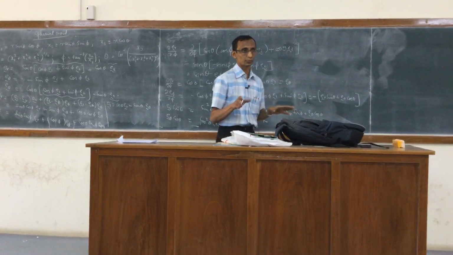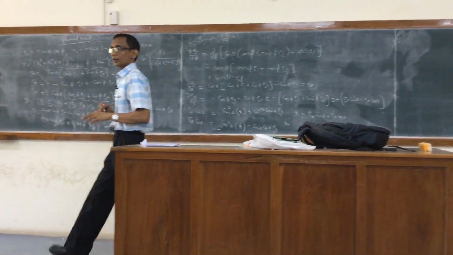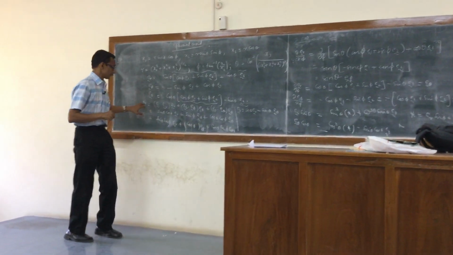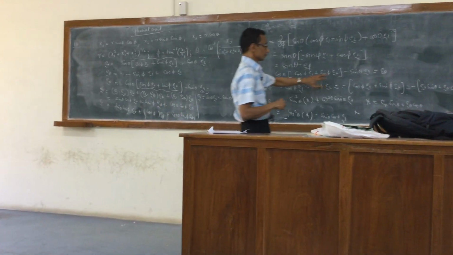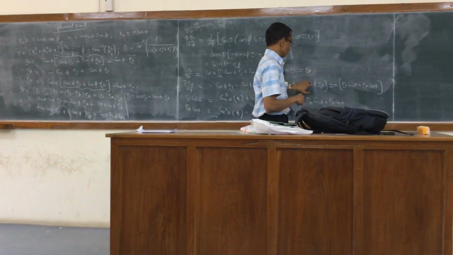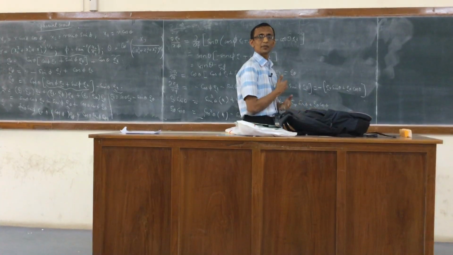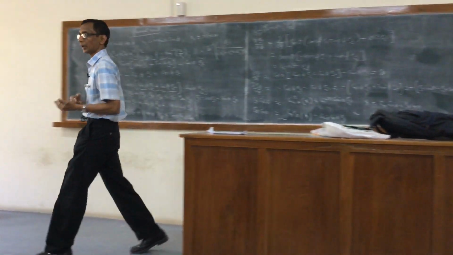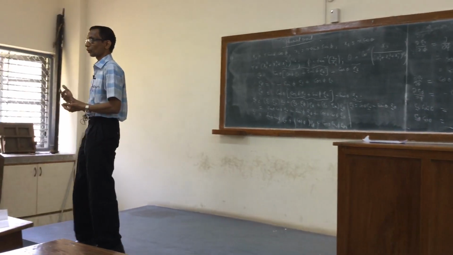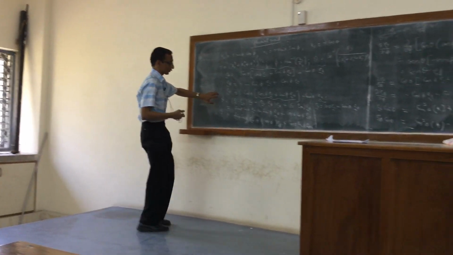I have E1 in terms of ER, E theta, and E phi, so I just substitute that, plus E2 in terms of ER, E theta, and E phi, and I will get whatever I want. However complicated the relations are in terms of the Cartesian coordinates, this is the advantage of this step.